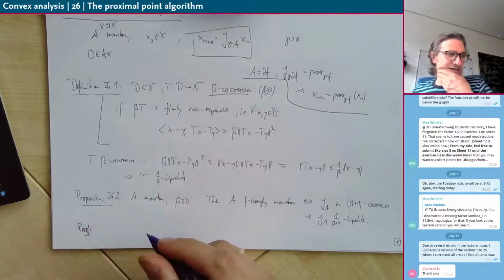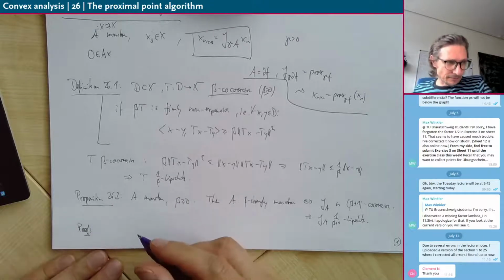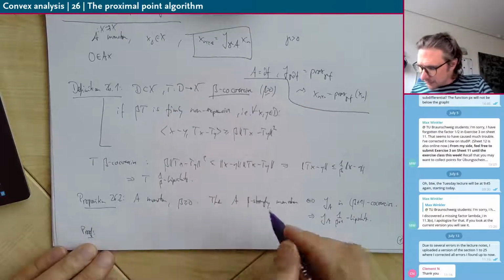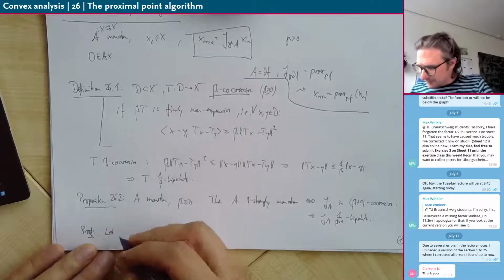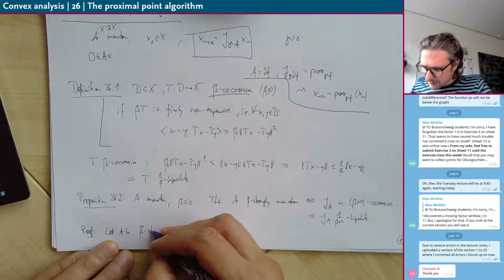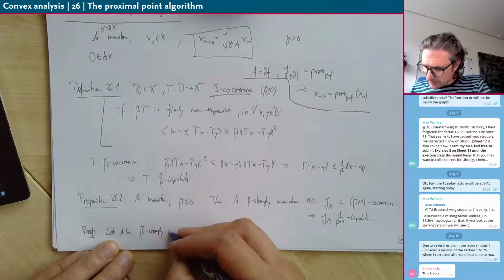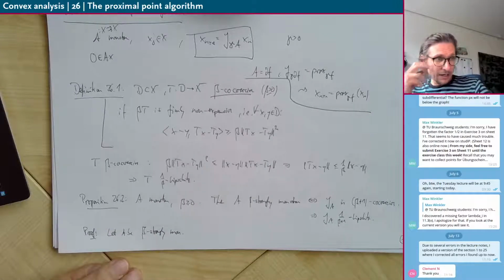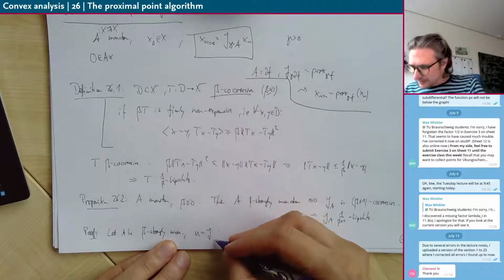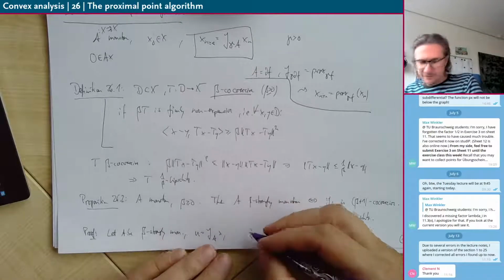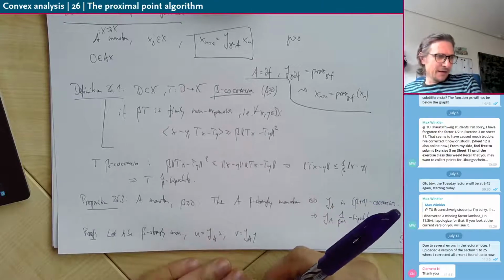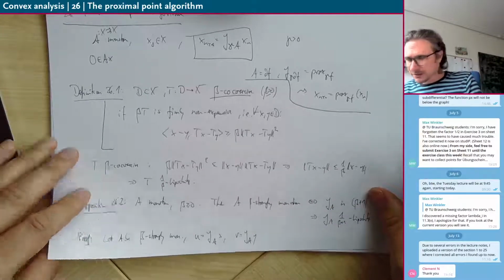So how does that go? Let A be beta strongly monotone, and having u equal to J_A(x) and v being equal to J_A(y). So let's decode that in terms of inclusion.